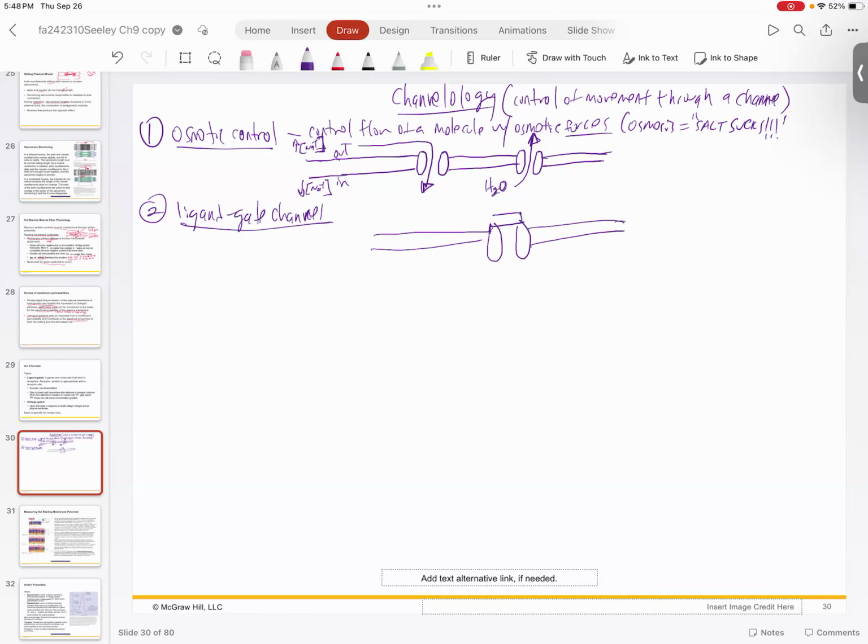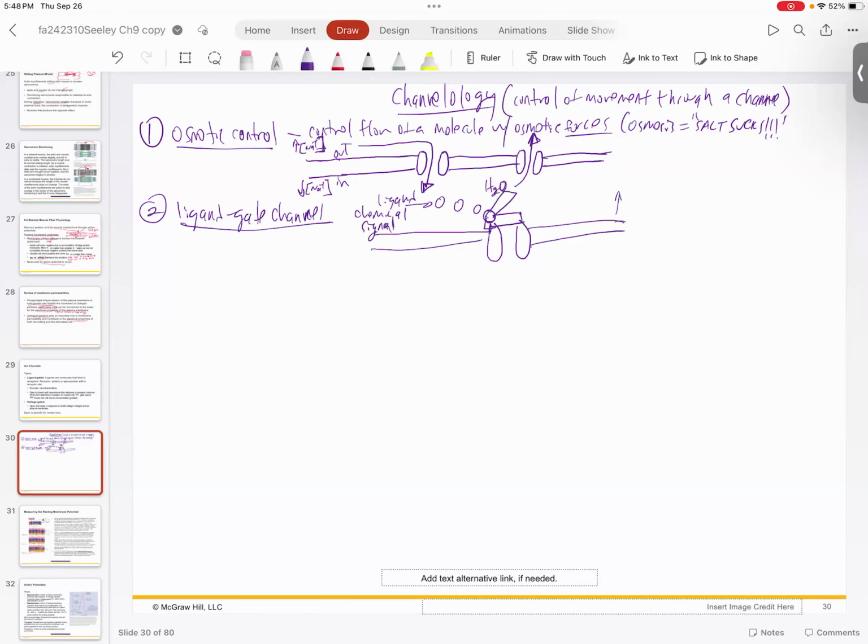It's a protein that has a special little pocket on it that is going to bind to a particular signal molecule, a ligand. So this is basically a ligand, which is a chemical signal. And so when this chemical signal binds to the gate, what's going to happen? It's going to open up the gate.